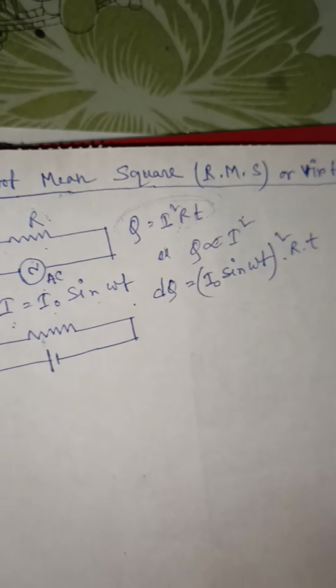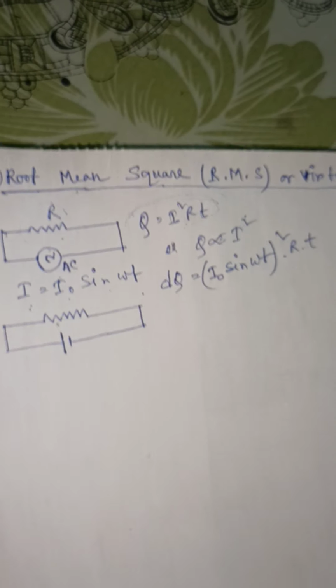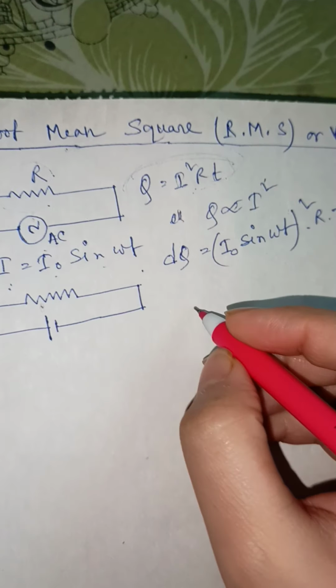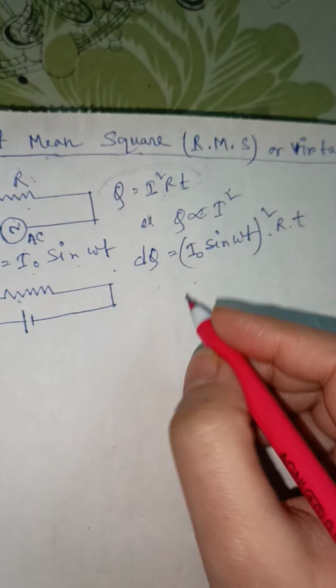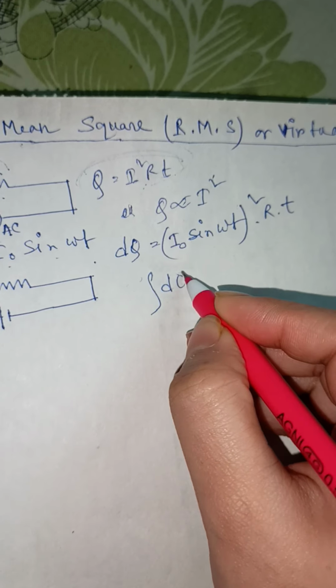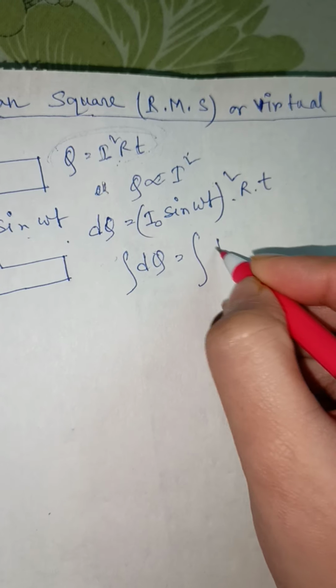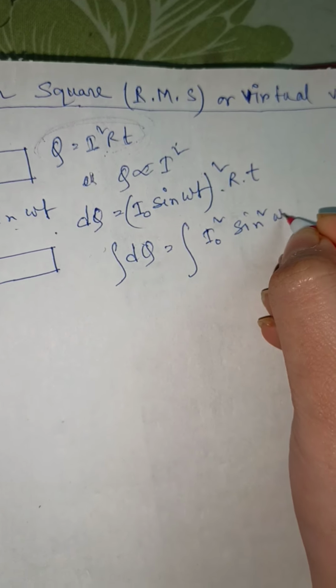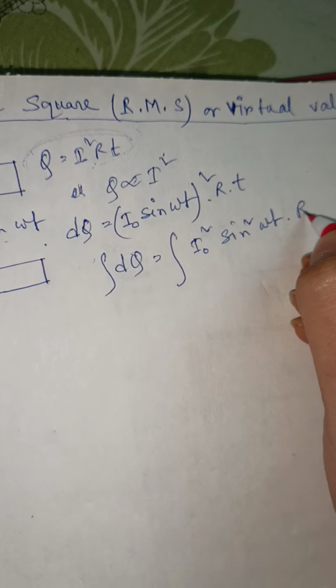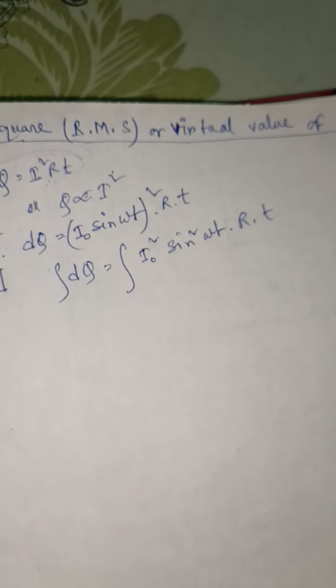So first we have to integrate this: integration of dQ equals integration of I naught square sine square omega t into R into dt.